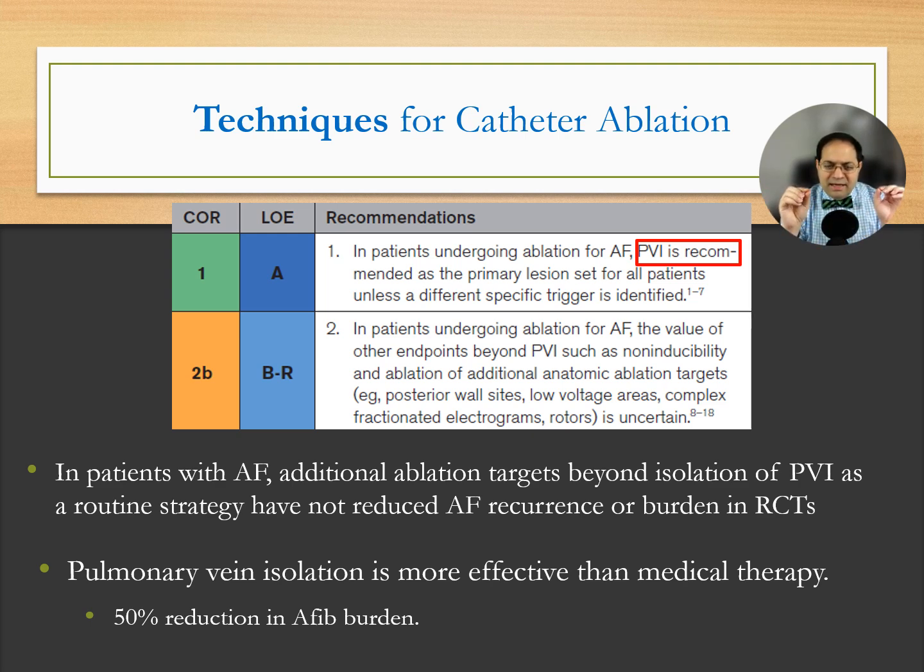Also, consider the end outcome for your procedure. For example, at the end of the procedure, you isolate the veins. What is the best approach to make sure the pulmonary vein isolation is done appropriately? There are techniques like a waiting period of 20 minutes or 30 minutes. Some use adenosine to see if there's a reconnection between the pulmonary veins and the left atrium.